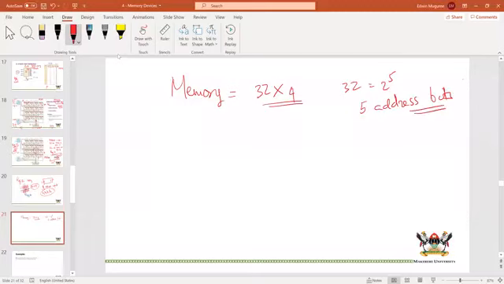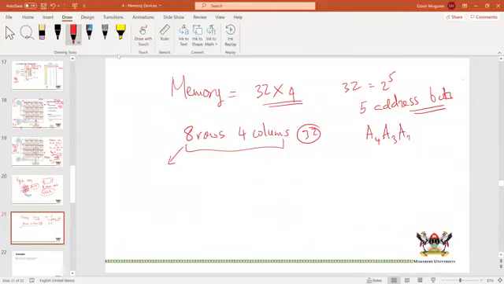You have to decide how this is going to look. It could, for instance, be 8 rows, 4 columns. This would still give you your 32. If your address bits are A4, A3, A2, A1, and A0, this one would be for row select, and that would be for column select.